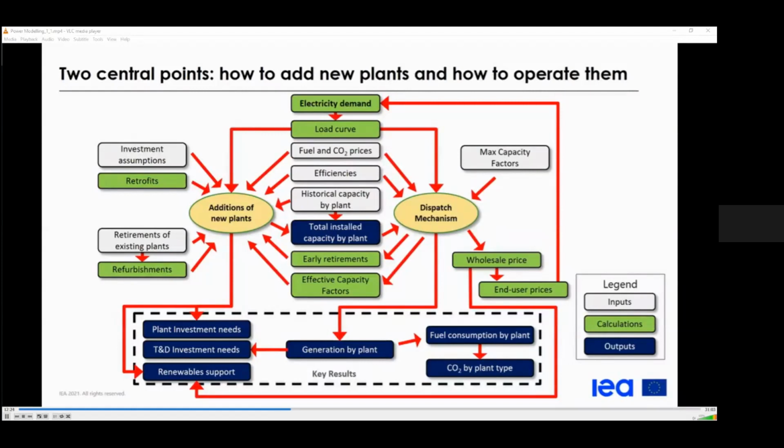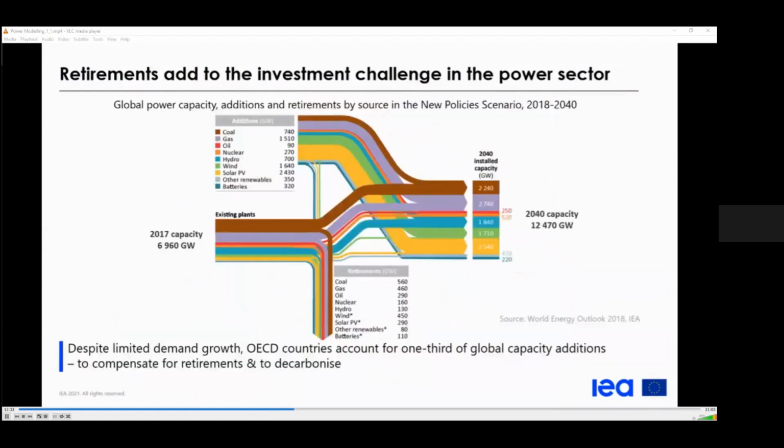Once we have those plants, this installed capacity, how do they operate? So maybe before digging in, an important consideration to have in mind here. When we are talking about the needed installed capacity in a power system, there are two components.